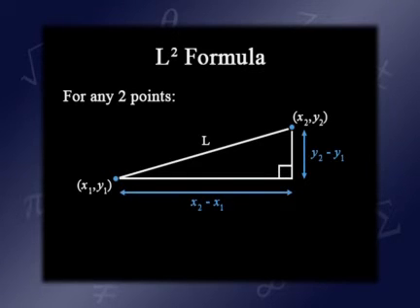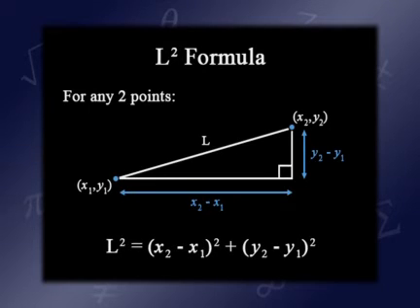The height of that right triangle has height y2 minus y1 by subtracting the y coordinates. And Pythagoras' theorem will say that L squared, L being the length of the line from x1, y1 to x2, y2, is equal to x2 minus x1 squared plus y2 minus y1 squared. Okay, so the length of that line would then be the square root of that quantity.